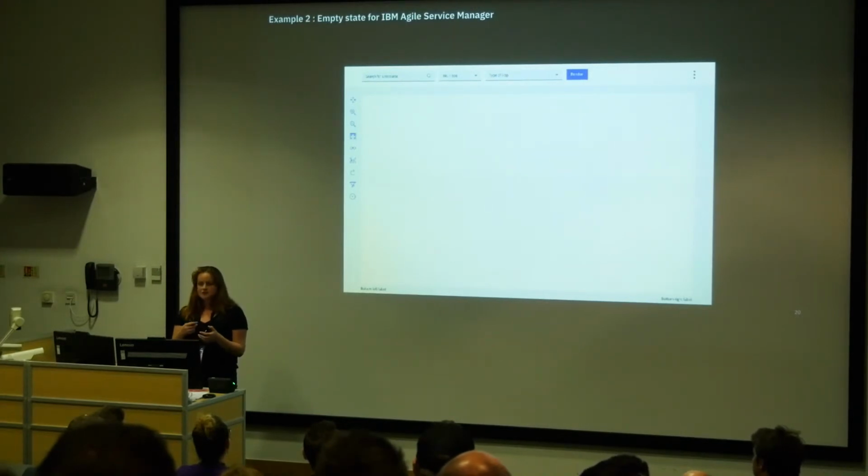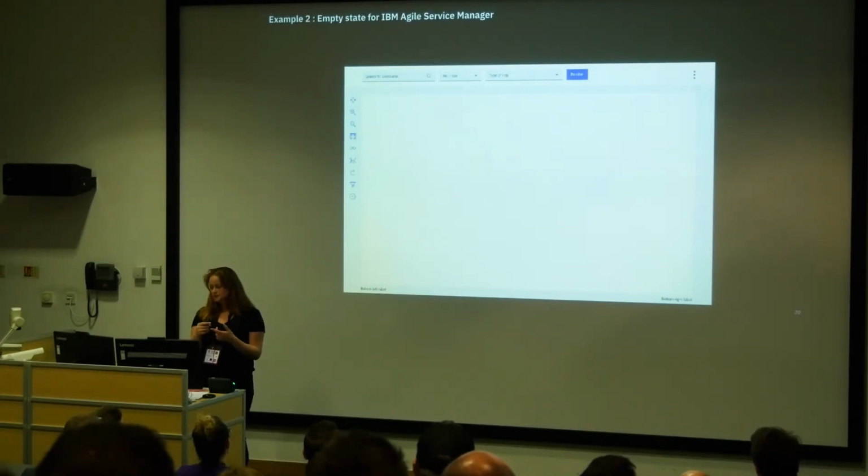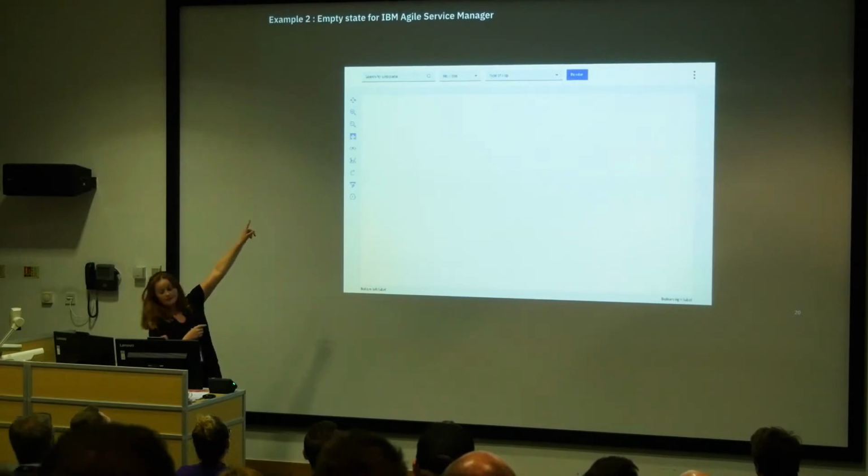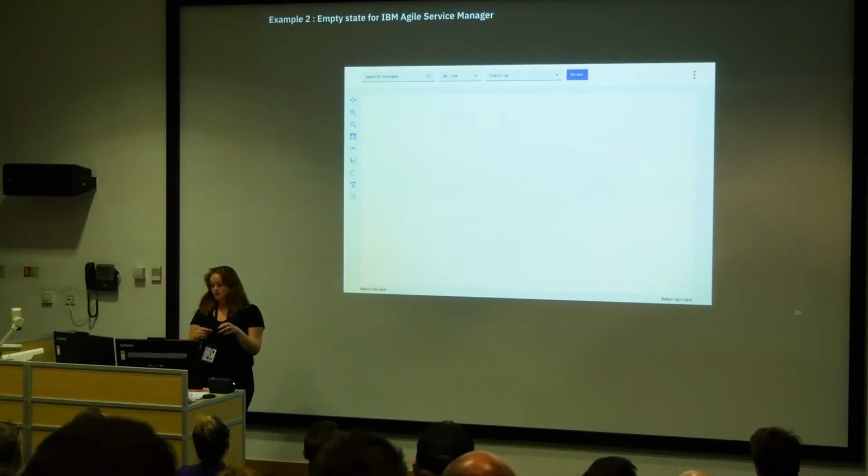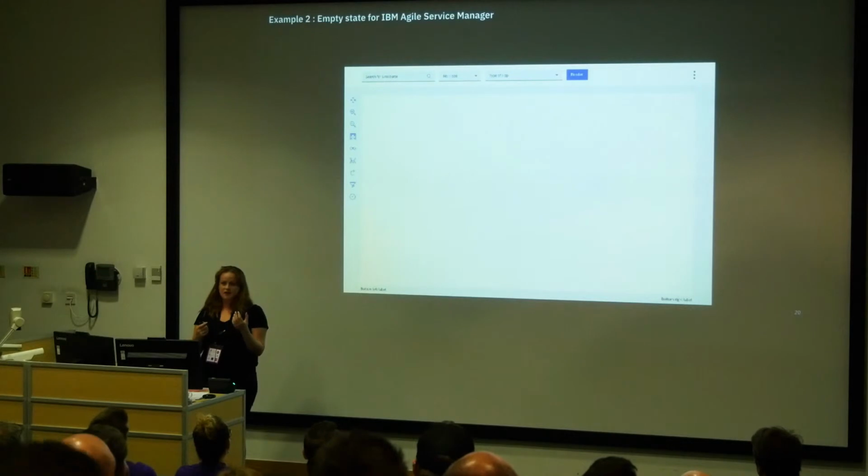Now, we needed to write something short and sweet to prompt the user to get searching in the box up there for a resource so that they could then see everything around it. And our design guidelines suggest that it should be short and snappy, and also, as is not very often the thing at IBM, a little light-hearted.